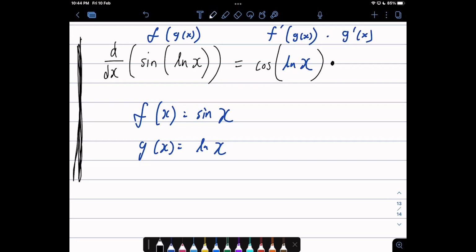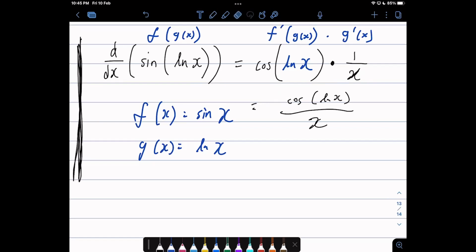Then you differentiate the inside ln x, which gives 1 over x. You must keep the inner function inside at least one time. Is it clear? So this is cosine of (ln x) all over x.